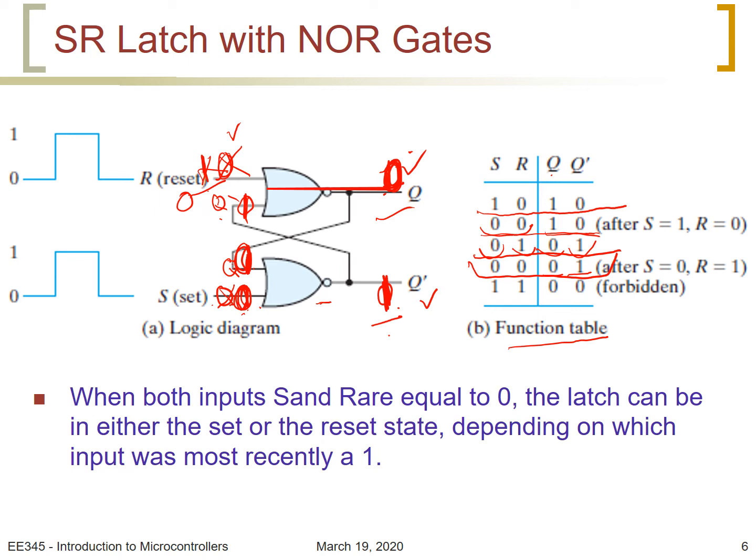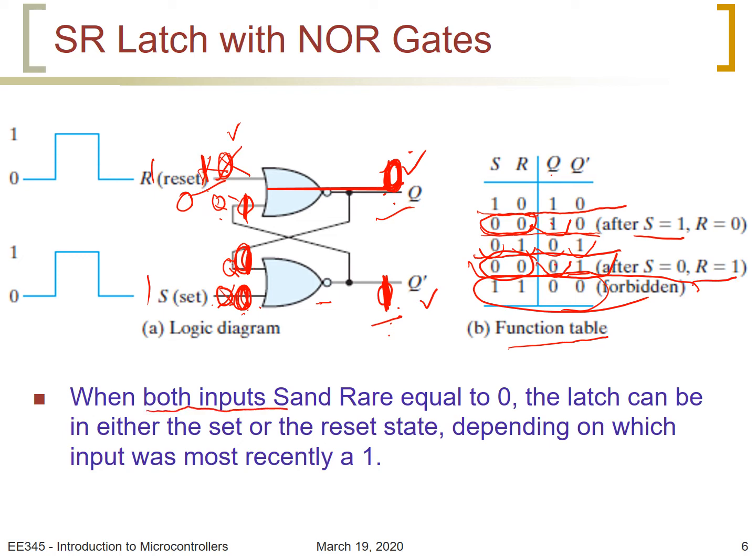And of course, as we mentioned earlier, if both are 1s, the outputs will be zeros, which is the forbidden state. What we would like you really to remember from this slide here is that when R and S are both zeros, the latch can store either 1 at a Q or 0 at a Q, depending upon which was 1 earlier. S is equal to 1 will keep Q 1, and R is equal to 1 will keep Q 0.